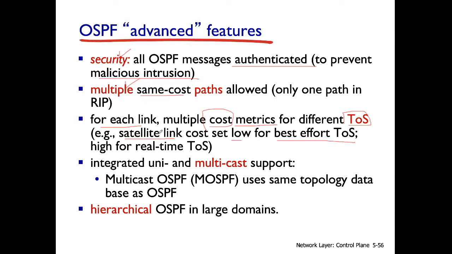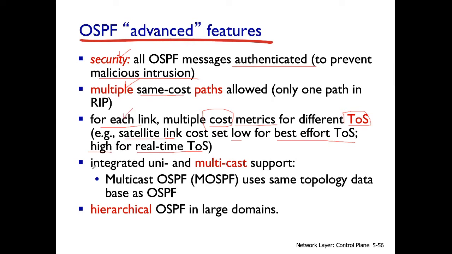Because you would then prefer using the satellite link if the data does not require timely delivery. On the other hand, if the data is real time, then set the satellite link cost high. Therefore, we avoid choosing the satellite link along the path to deliver the real-time data.